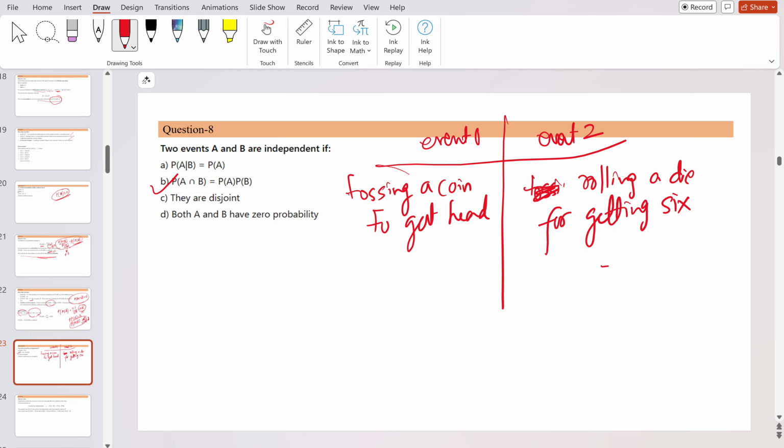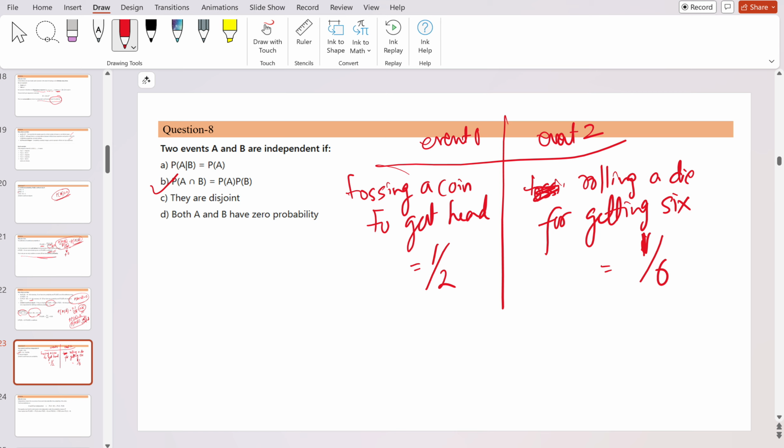So the probability of getting 6 is 1 by 6, and the probability of getting a head is 1 by 2. Okay. But it is not said in the problem that you roll the die only after tossing the coin and getting a head. So the occurrence of event 1 is not dependent upon event 2.